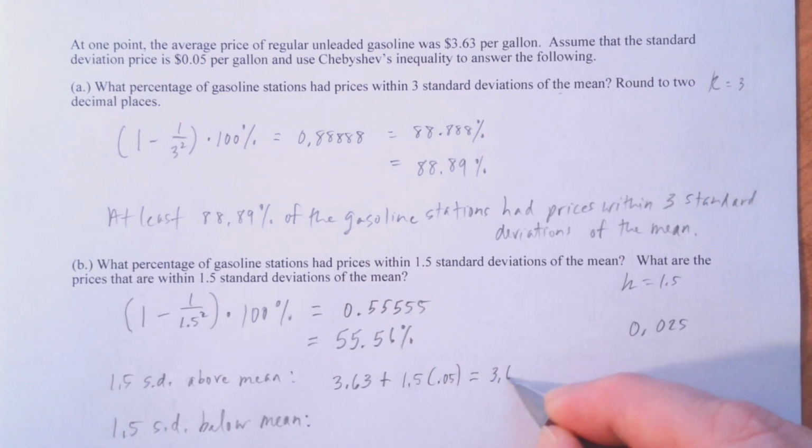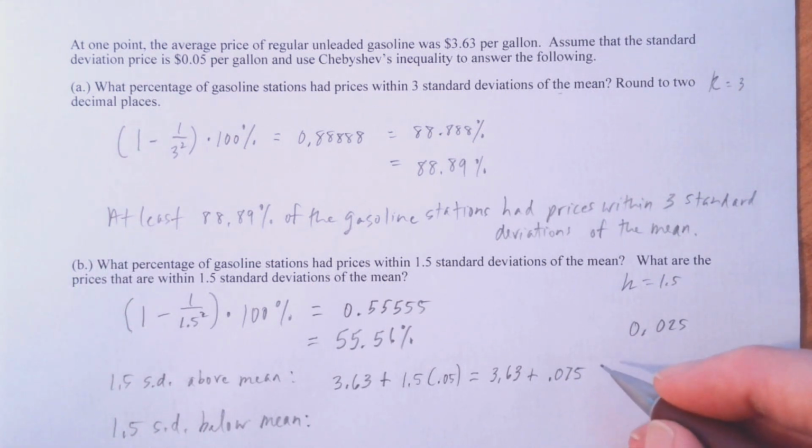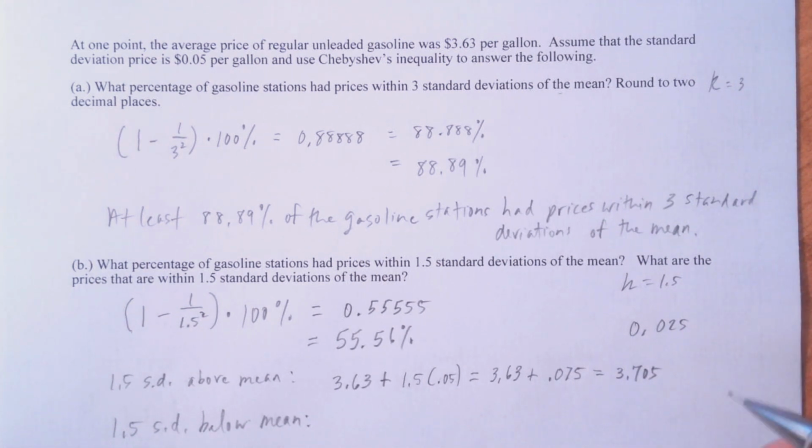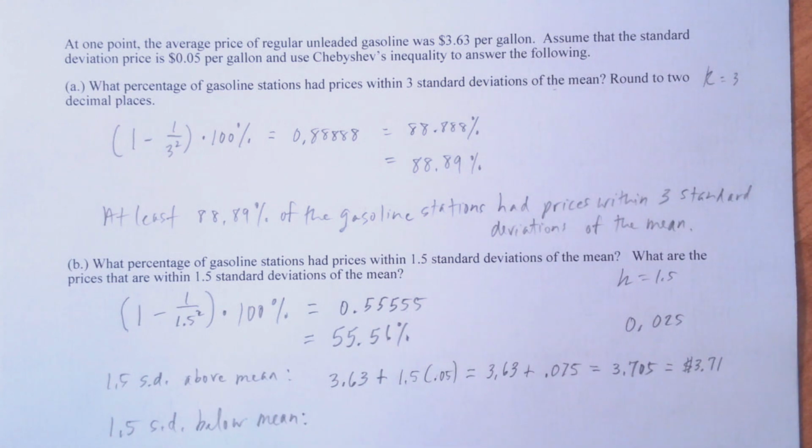You get 3.63 plus 0.075, which is 3.705, which we're going to round to $3.71. Let me just double check my work. I think I did that right.